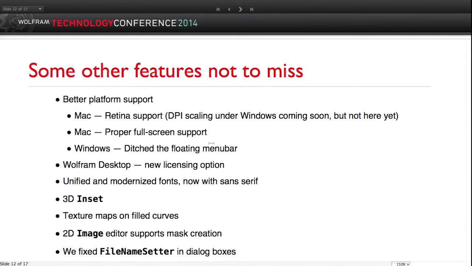So we put out a new version of the front end of the kernel on Wolfram Desktop, which has this new licensing option, which some of you may not appreciate. If you're happy with the Mathematica licensing option, that's fine. So Wolfram Desktop comes with a subscription plan. The downside is you're paying money every month, but the upside is all you have to do is log in, and it will work.